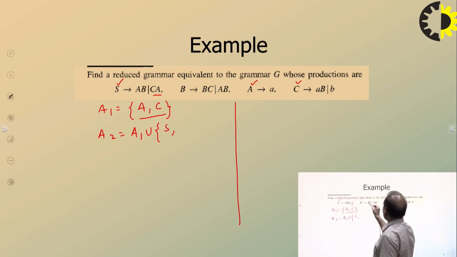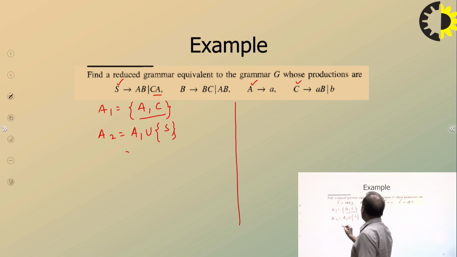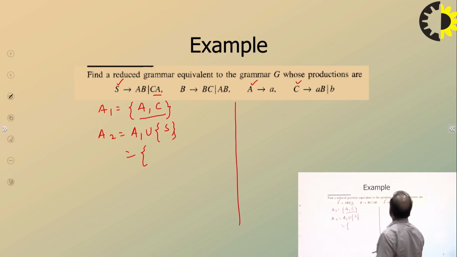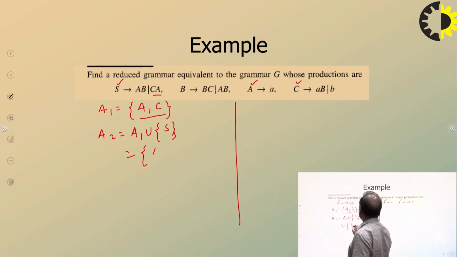This one is not going to be included because AB is not there. AB is also not going to be included. This is not going to be included. Clear? So now your answer is S, A, C. Clear? So now you are getting A, C and S, okay.